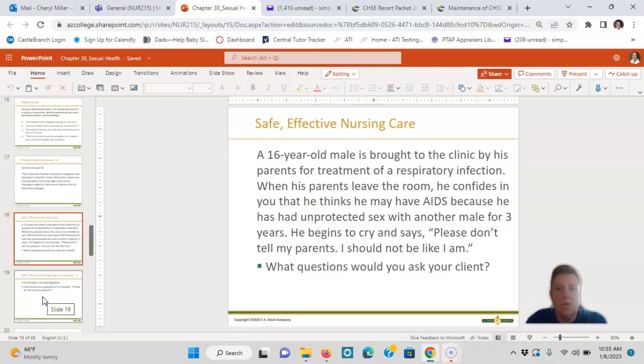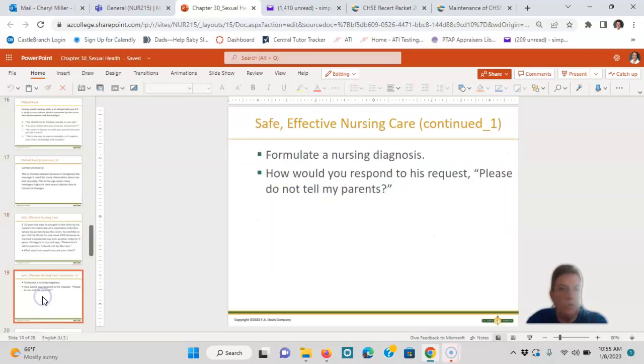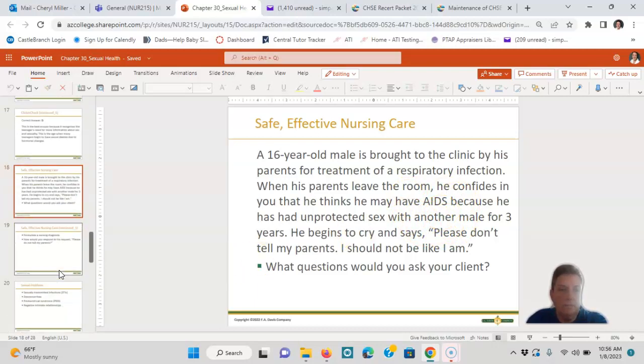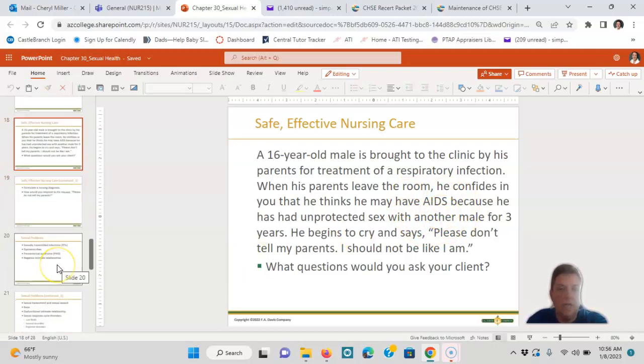If the results are positive, what do you want me to do? And then how do you respond to his request? Technically, because it's a sexual disease that they are asking about, they have rights. I do not have to tell his parents, but he should.